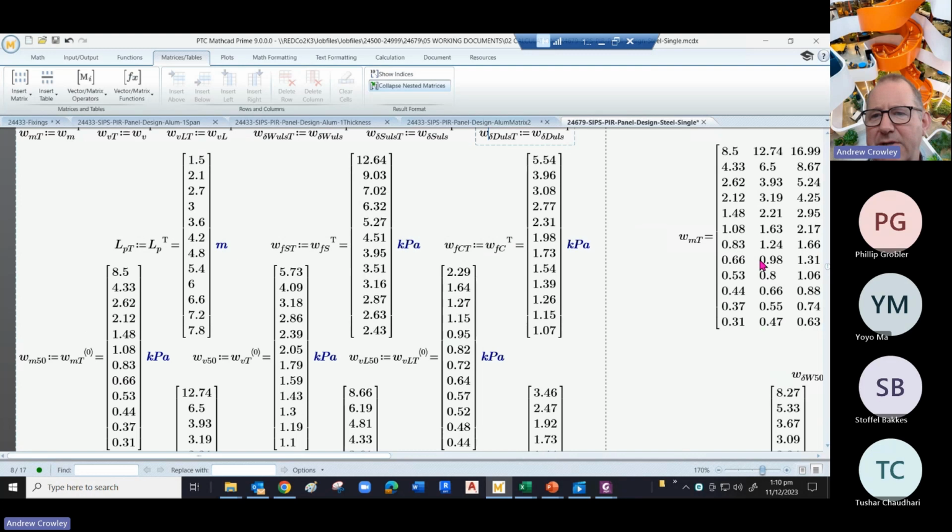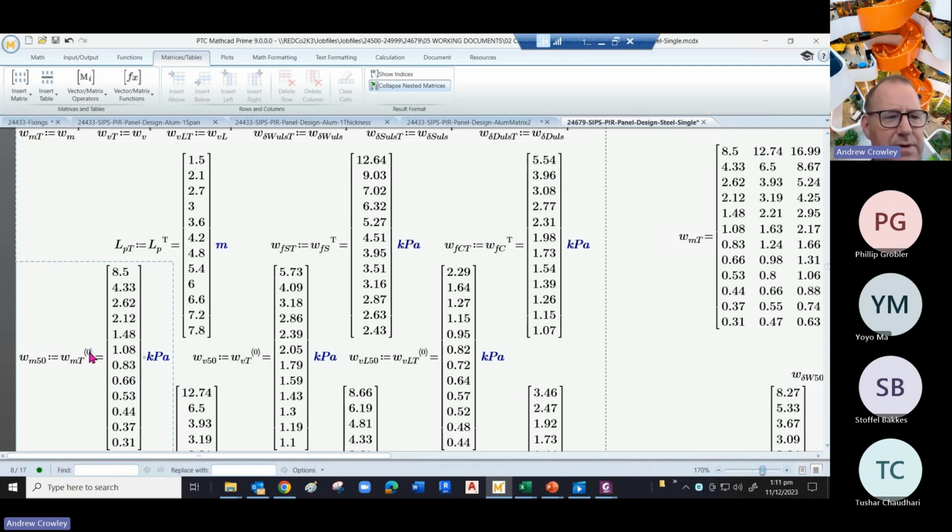And from these matrices, you can pull out a particular row, or a particular column. So for example, the bending load for a 50 millimeter panel is taken from the first column. So we take our transposed matrix and pick out the first column.